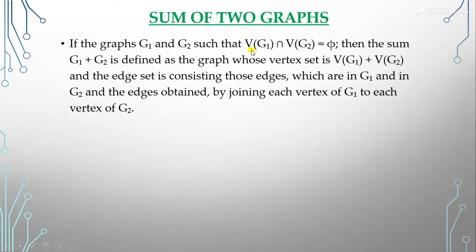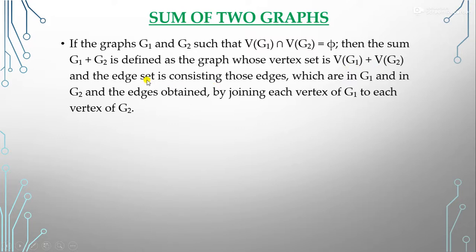It means that to find G1 plus G2, no vertex should be common in both graphs. And for vertices, we take all vertices of G1 and all vertices of G2.